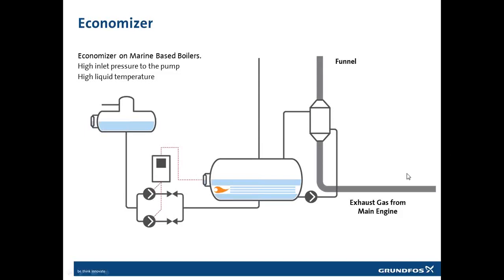That means if we have a 250 psi boiler, then we have an inlet pressure of 250 psi to our pump, and that gives us some challenges, but we can deal with that with an air-cooled top pump, a CR pump with air-cooled top. And corresponding to the higher pressure, we also have a high temperature on the water.